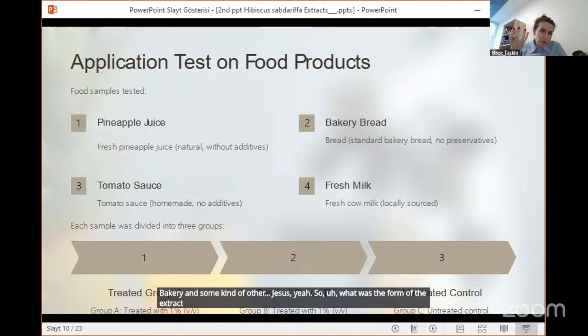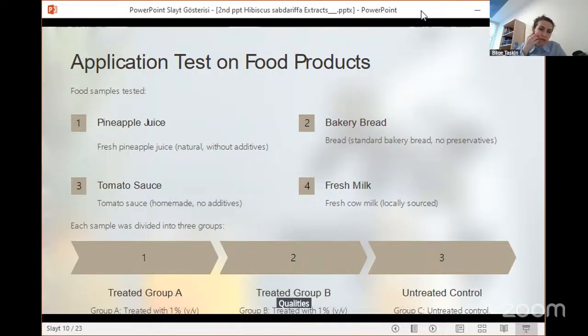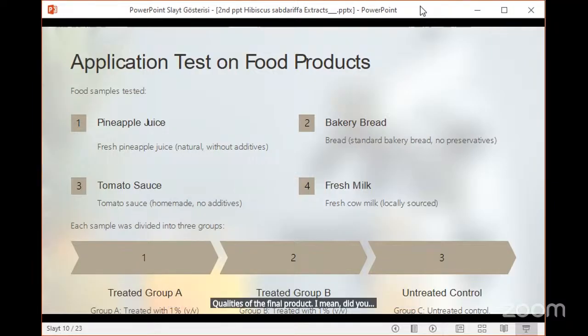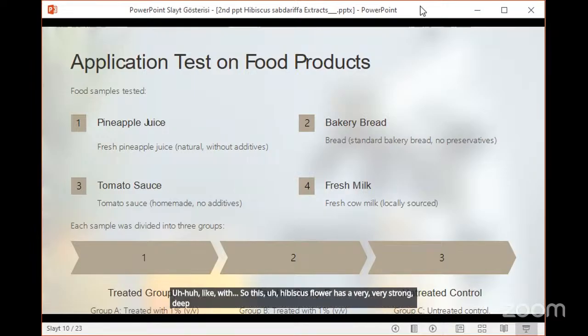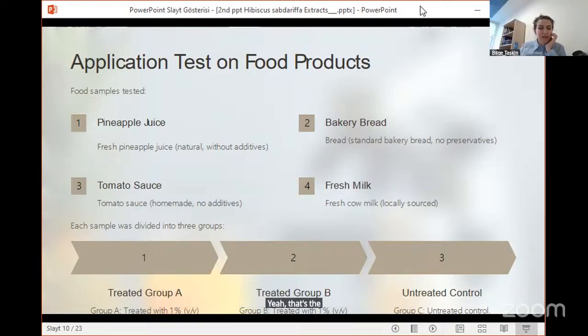Was it in powder form, or did you apply it as a liquid? And after the application, did you see any effects on the color or other sensory qualities of the final product? I ask because this hibiscus flower has a very strong, deep red color.